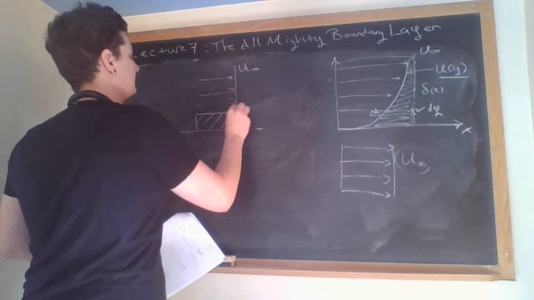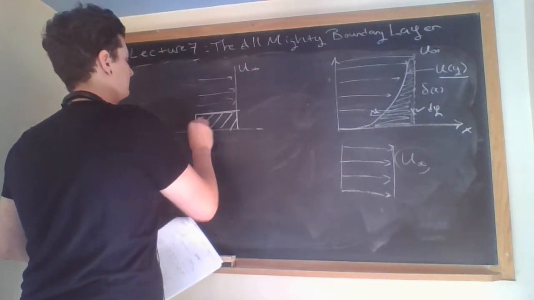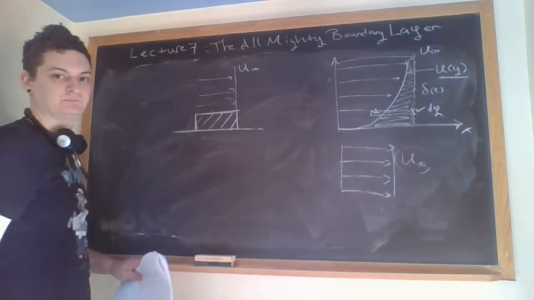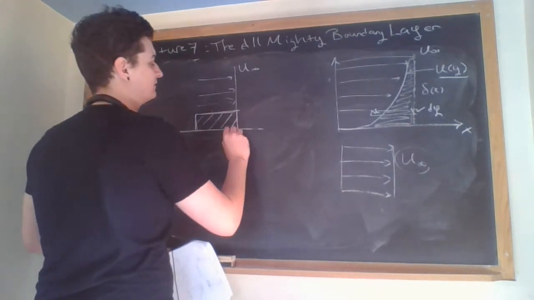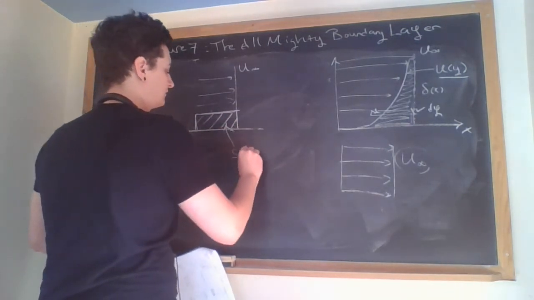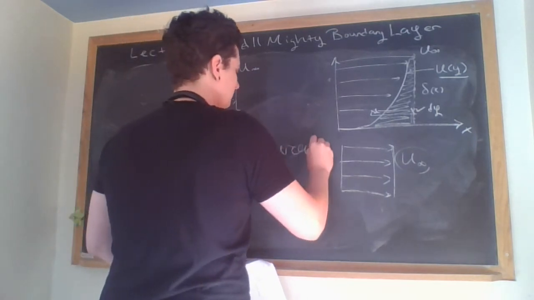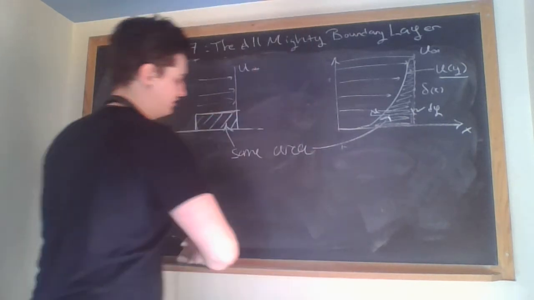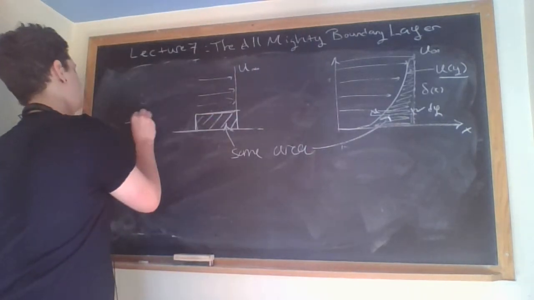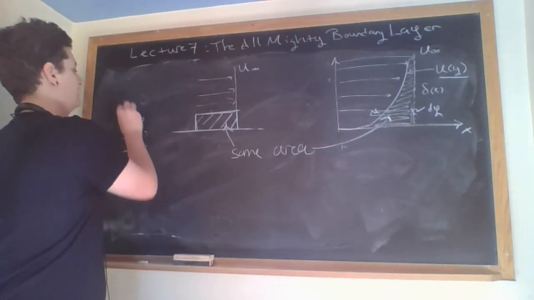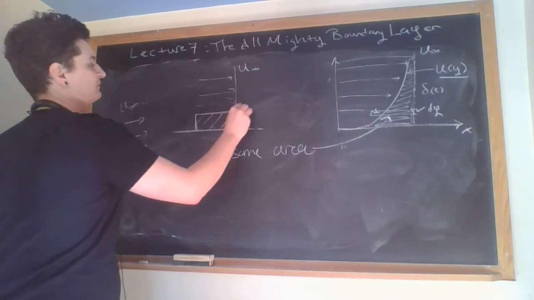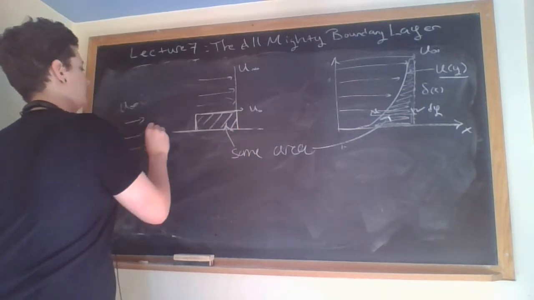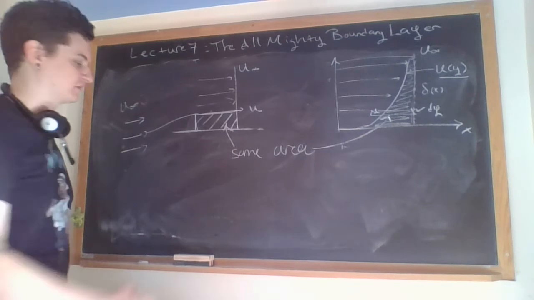So these are the same area. And what does that tell you? Well, this tells you how the incoming far field flow is also U infinity. This part's U infinity. So it shows how this streamline changes over the body.